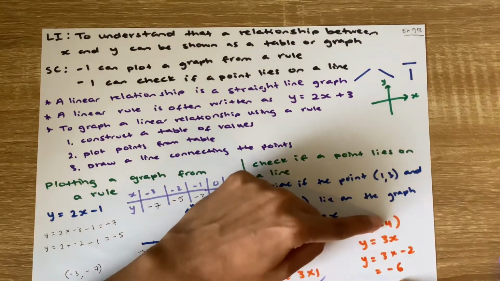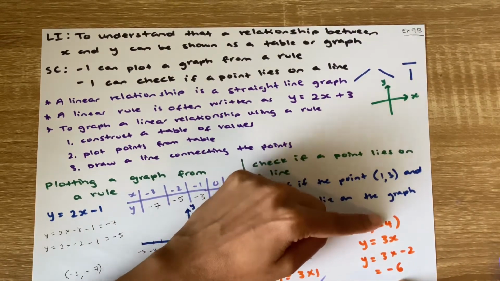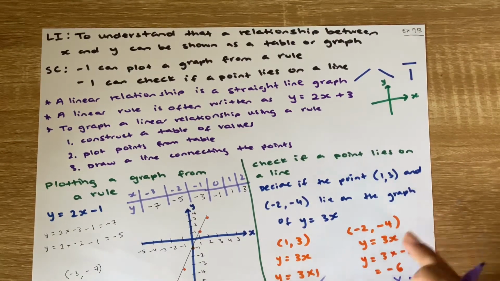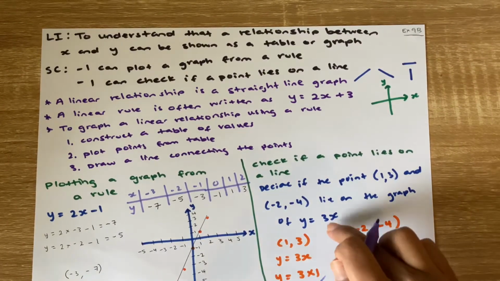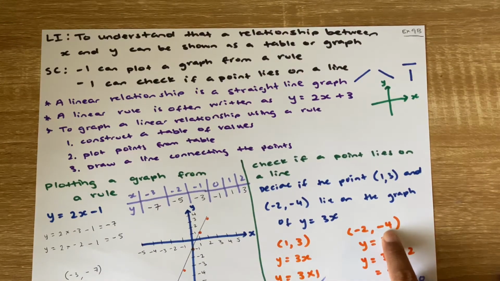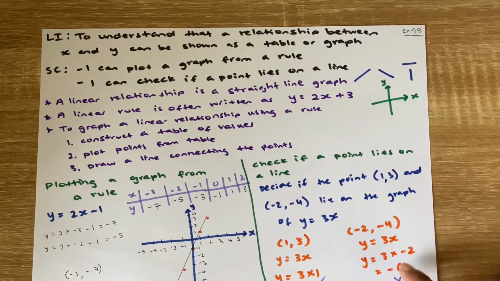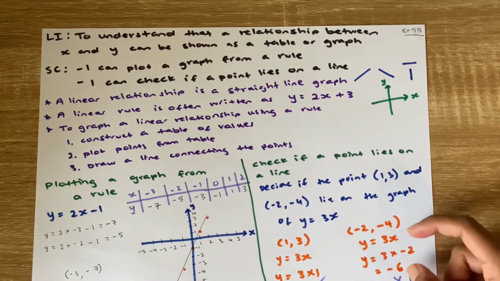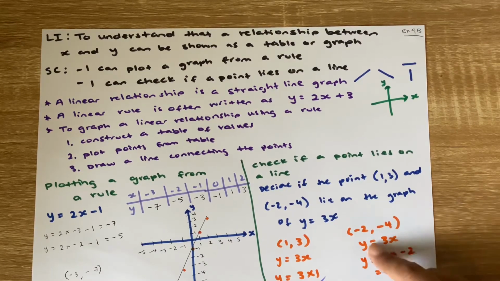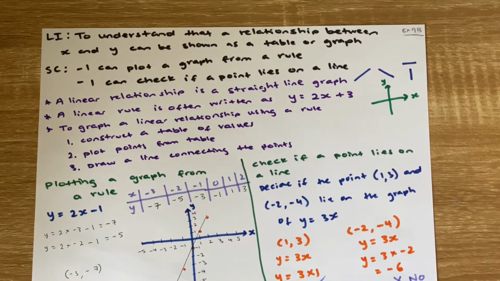Is -6 and -4 the same? No, they are not. So, no. This coordinate does not lie on this graph. If this answer was -6 over here, then my answer would be yes. But because the number that I end up with is different to the y coordinate that was given, that therefore does not lie on the graph.